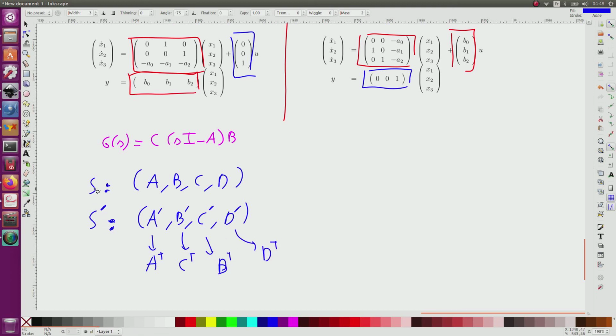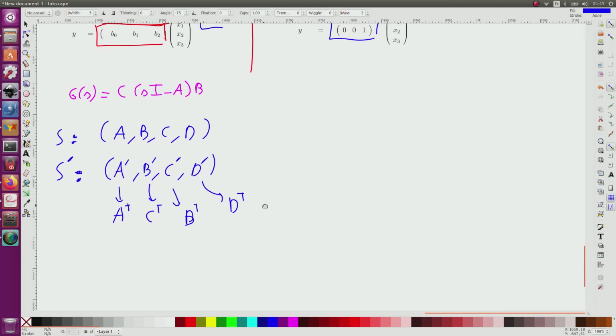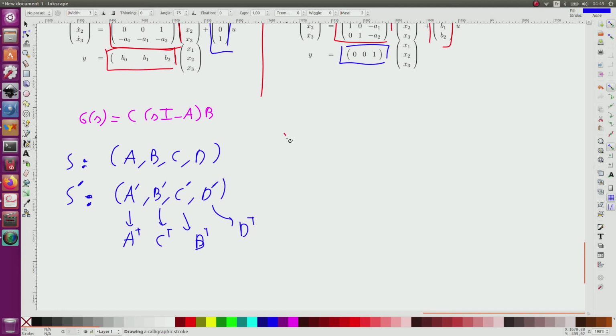So S prime is made from S by some transposition, that I get the same transfer matrix in case that I have one input, one output, and it's quite easy to check, and it is exactly the case we have here. So here is some kind of generalization to show that this transformation can be done for all systems.